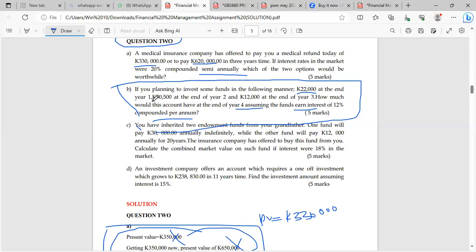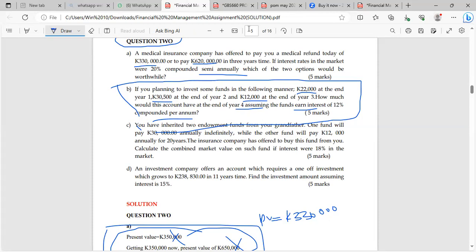So these figures are coming from here, for year 2, 3,500, and 12,000. How much will this amount be at the end of year 4? We are accruing these at the end of year 4.